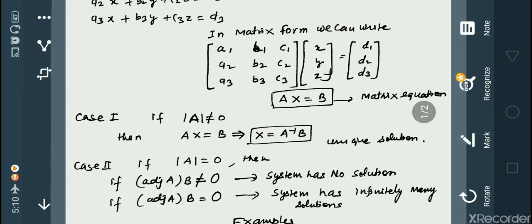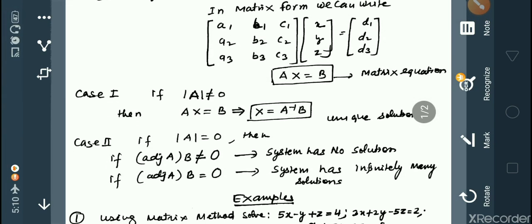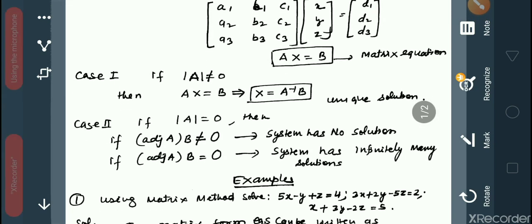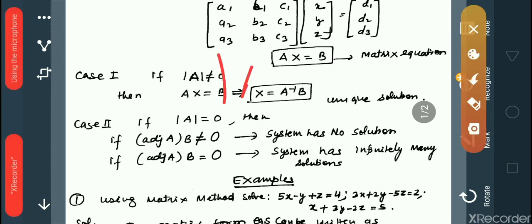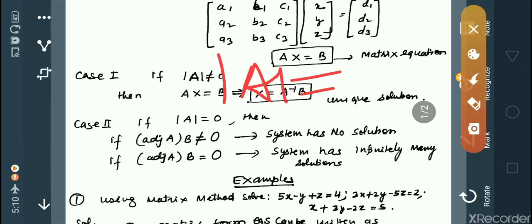Children, if a matrix is non-singular, then its solution will be unique. Means in this case, if determinant of A is not equal to 0, then the solution will be a unique solution.